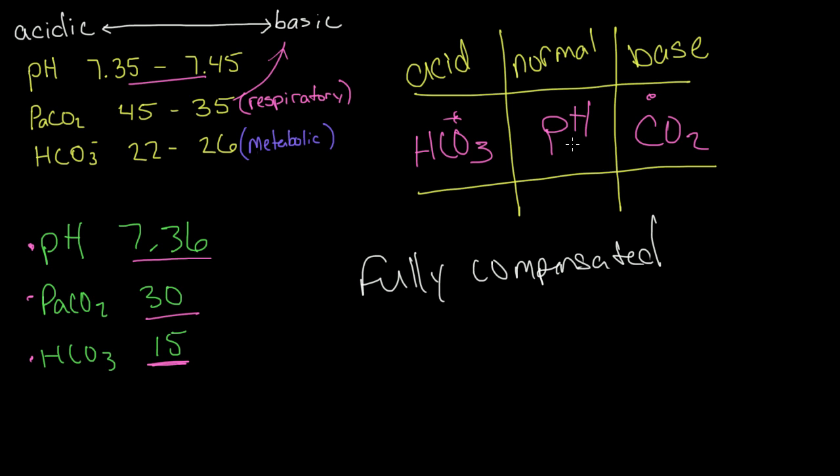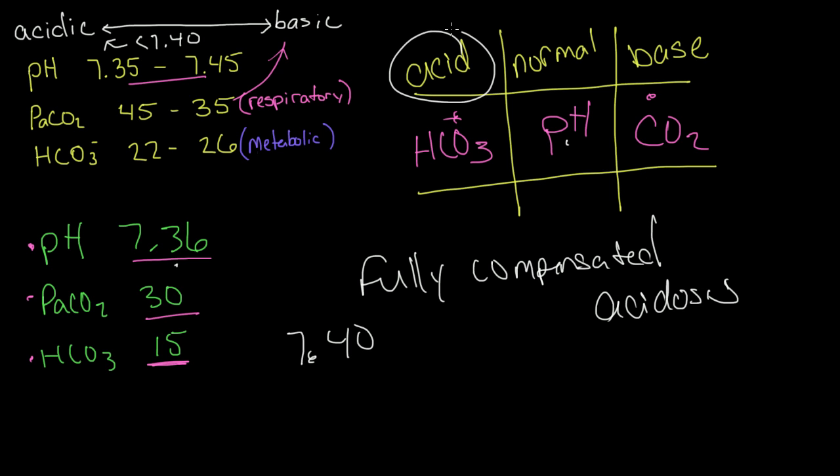But now we need to look to see our pH and see which side of 7.4 it falls on. So 7.4 is in the middle here. 7.36 is less than 7.4, so it is closer to the acidic side. So this means we are in fully compensated something acidosis. And then we look at our acid column and see which parameter is in it.